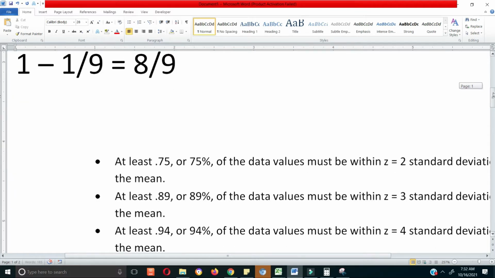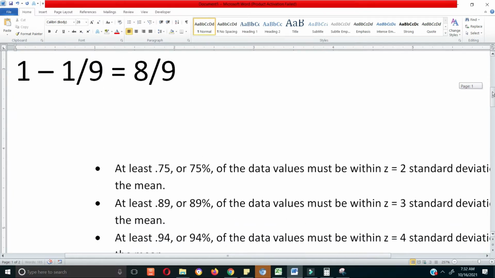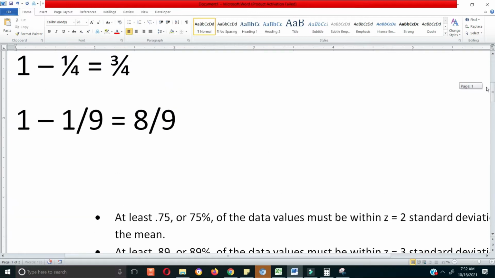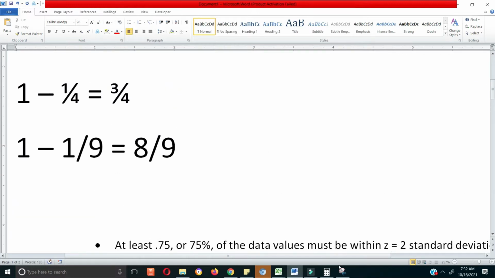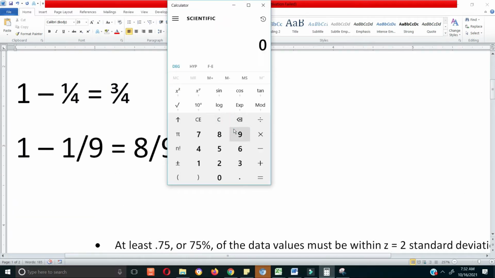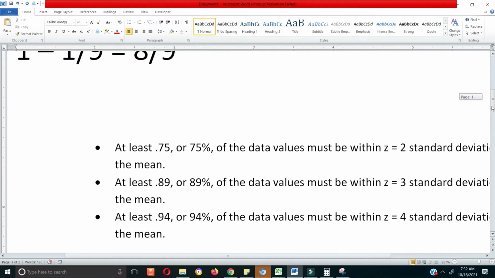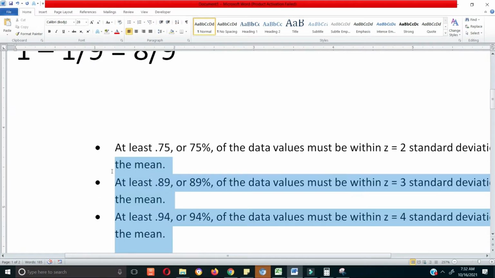Within 4 standard deviations, you have 15 over 16. So as a consequence of Chebyshev's theorem, we get these rules.